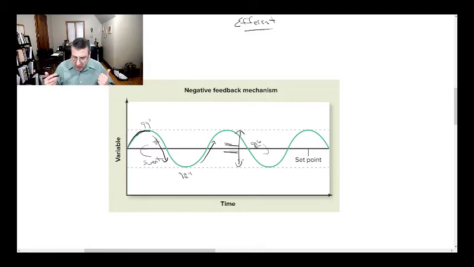So let's look at what positive feedback would be. The easiest one to think of is labor. If you're pregnant and you start labor and the contractions, that's an example of positive feedback.